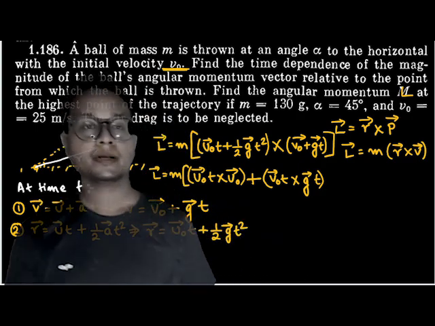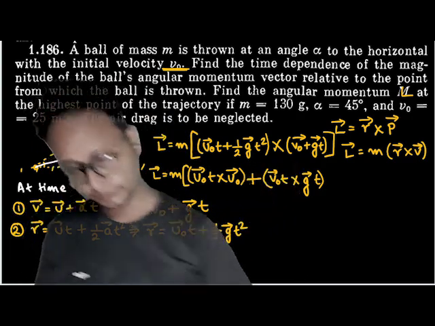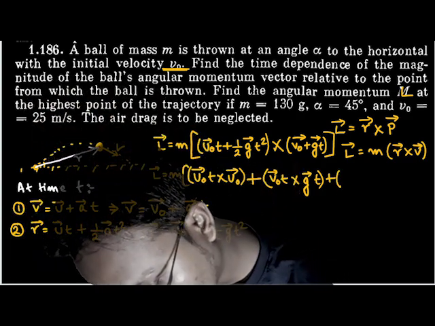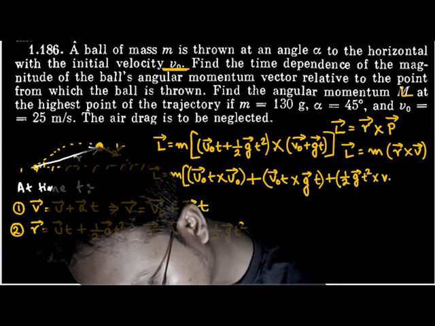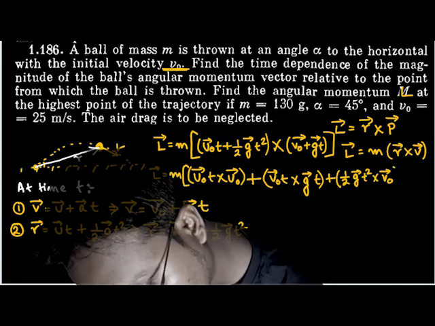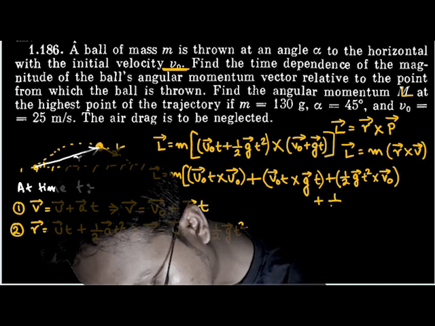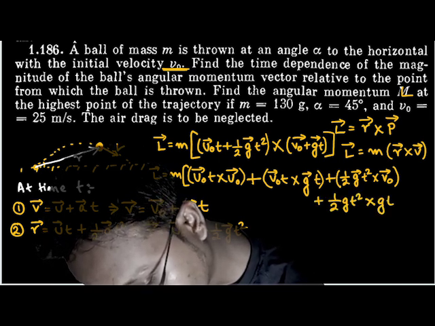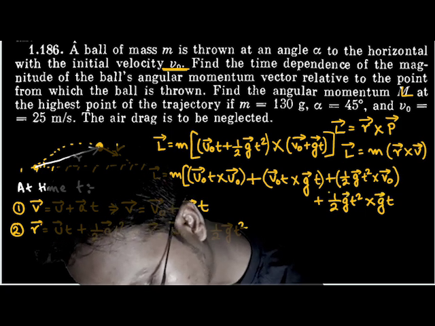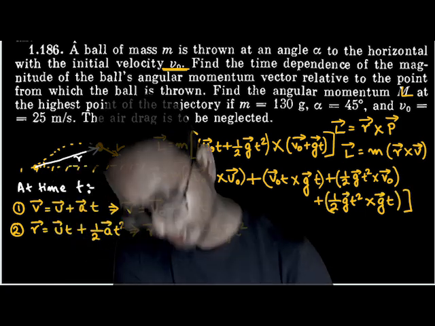Fair and fine. Now b into c: plus half g vector t square cross v naught, plus half g t square cross g t, vectors. Understood? So I got this term.